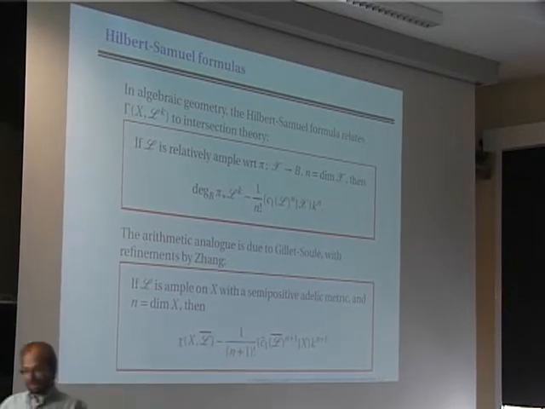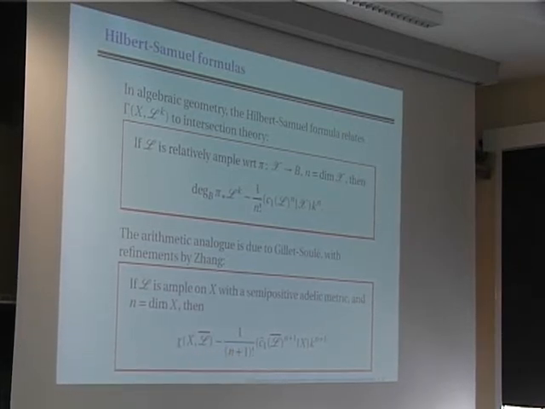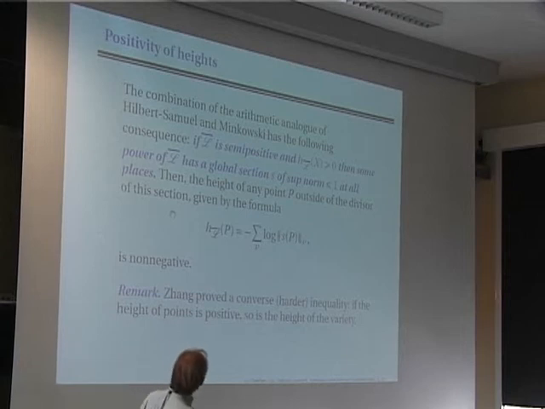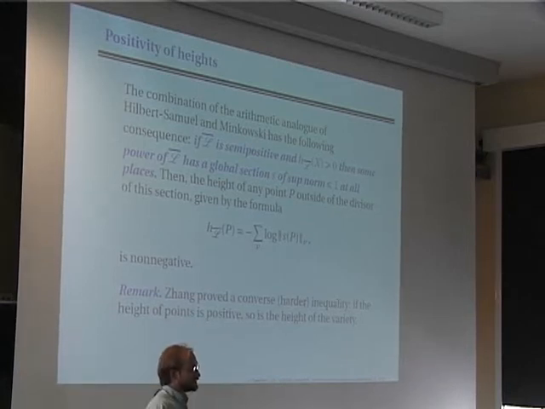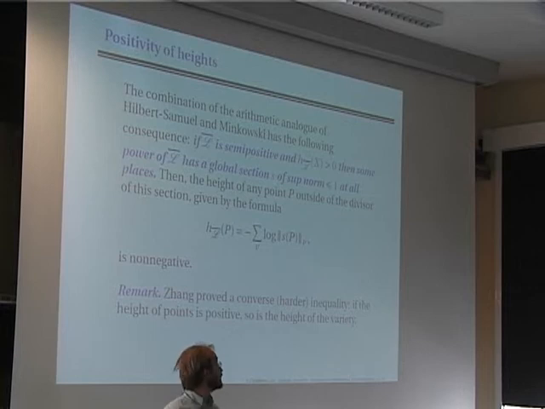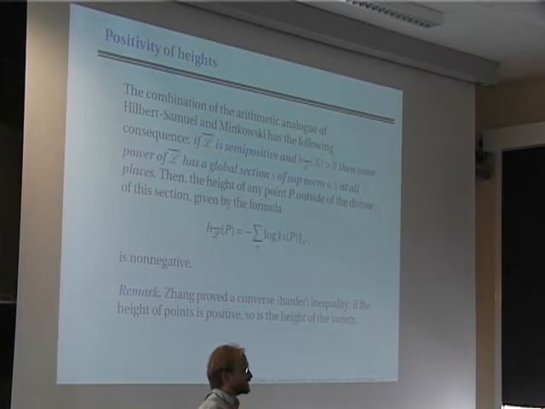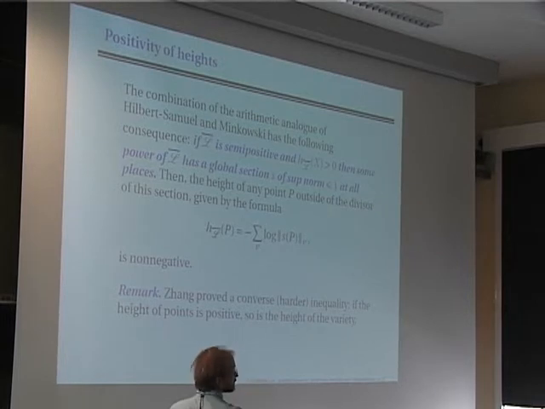So if the height is positive, then you will find arithmetic global sections. And then you can use these sections to compute the height. This formula is just that if you take a point P which is not in the divisor of S, then the height is the sum of minus log of the norm of S at all places at P. And you will see that this height is non-negative.